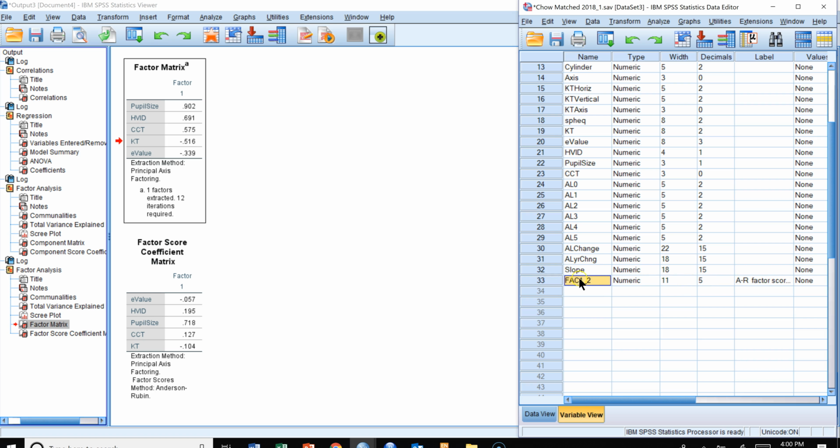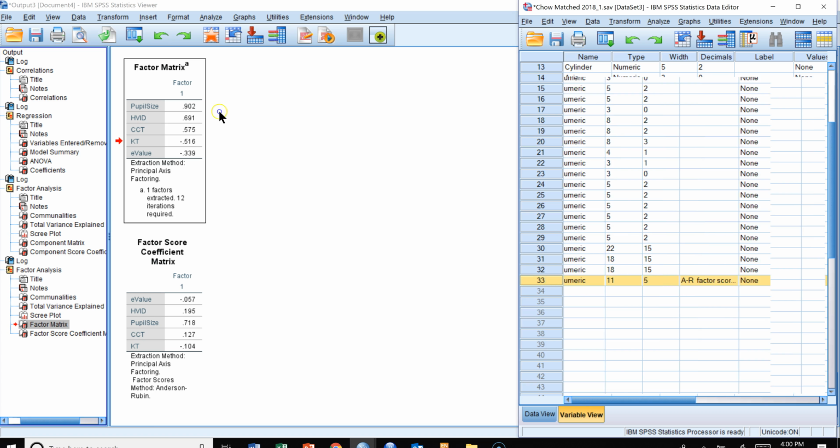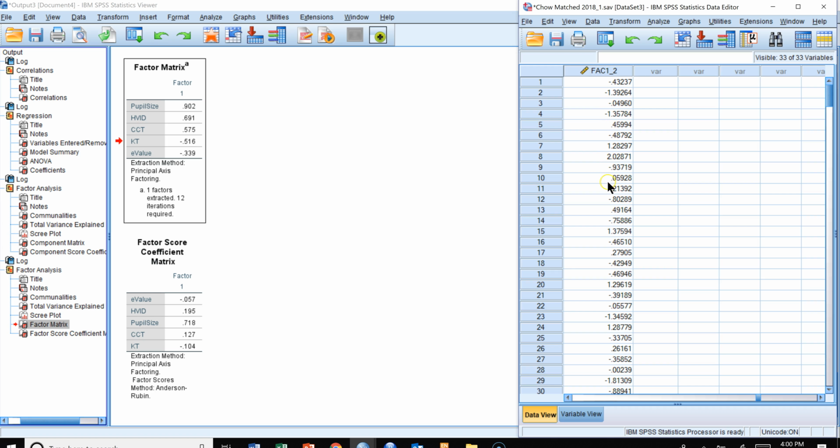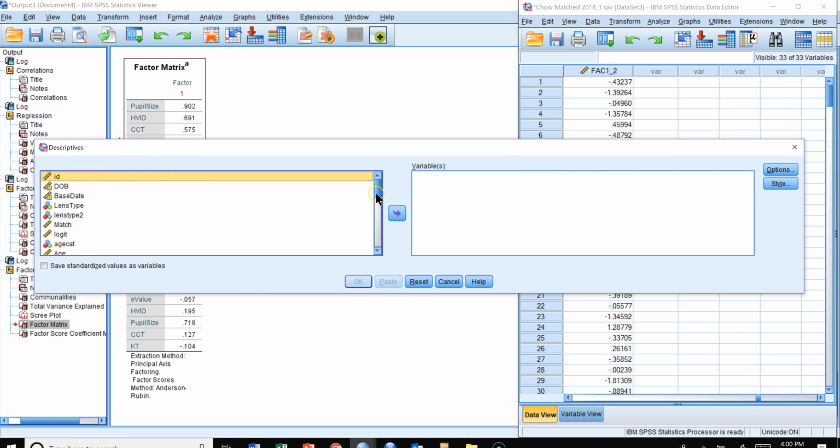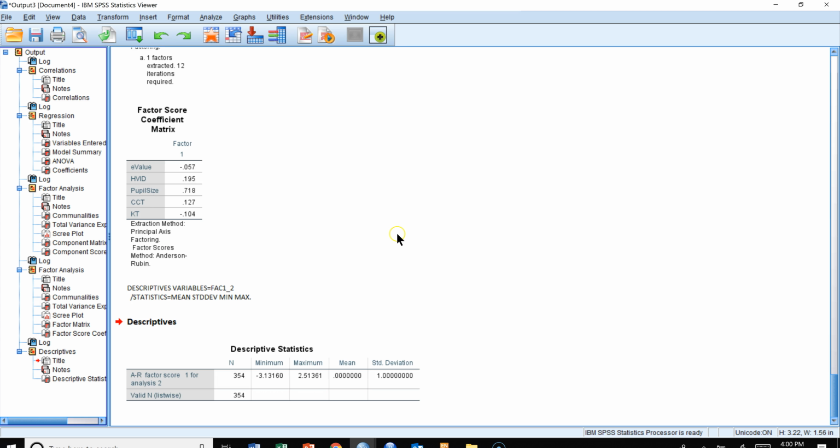This is a new variable, and it's a score based on these 5 variables as they're combined. And if we do a descriptive on that, we're going to see that we have a mean of 0 and a standard deviation of 1.